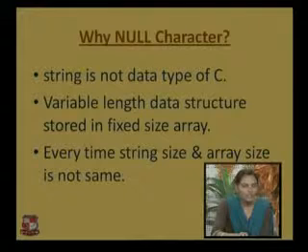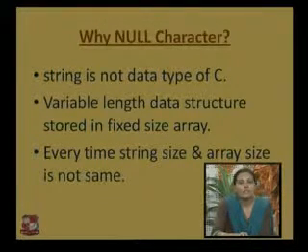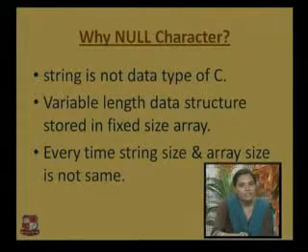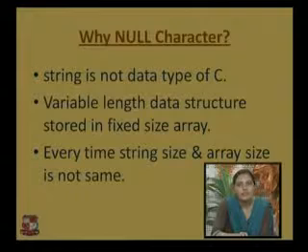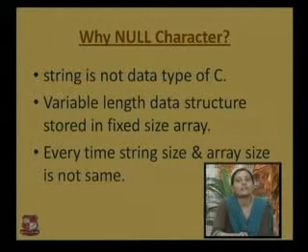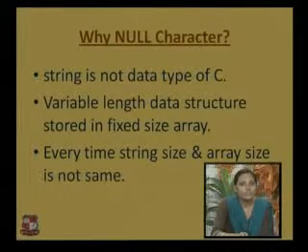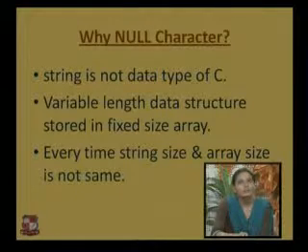If we do not declare the size of the array according to the number of elements, the array will automatically decide how many characters it will store in the particular character array. Every time, the string size and the array size need not be the same.